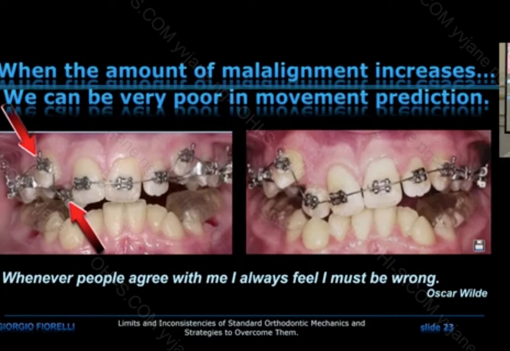I mean, there are ways to apply a force that we know exactly, and that's the best way to predict things. If you apply the right force system, teeth are going to move according to this force system. The problem is that you have to apply something that you know. And with the continuous archwire, it's definitely not possible.